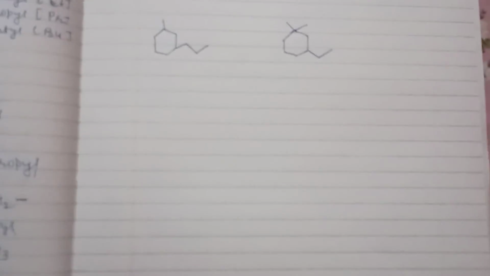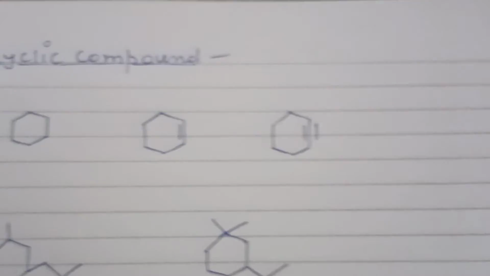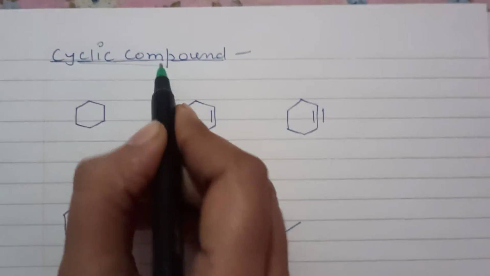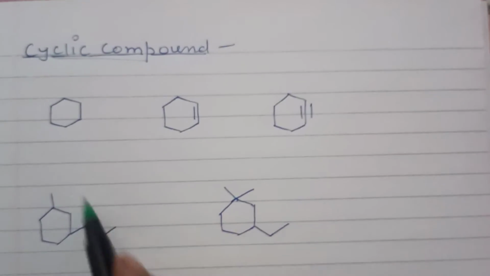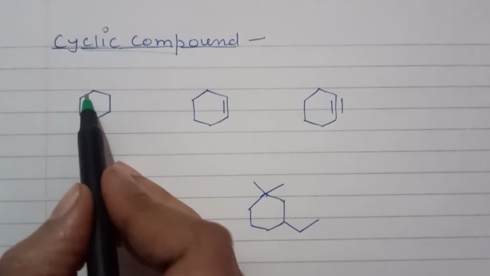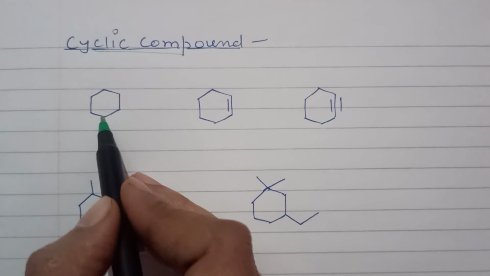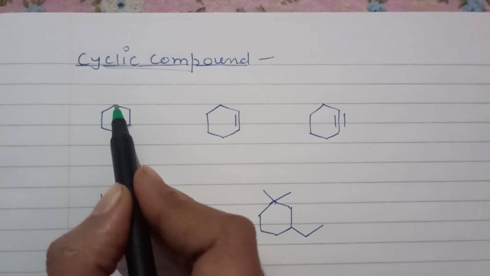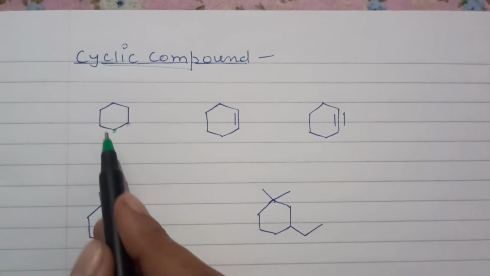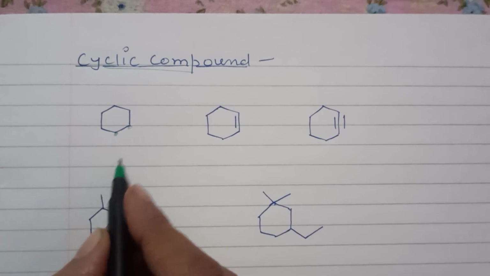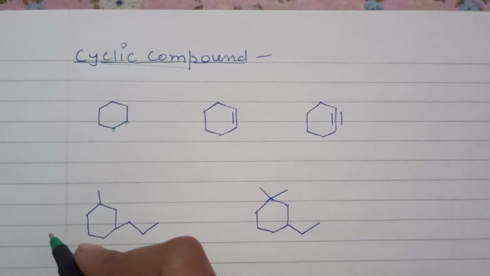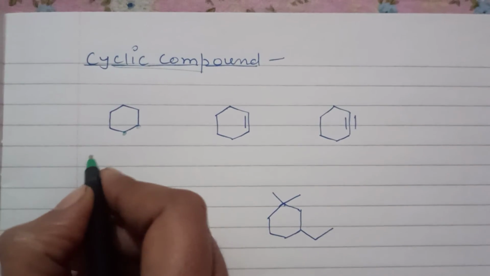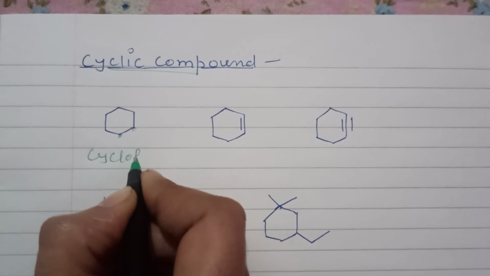Okay, and let us understand another rule. This rule is for cyclic compound. Cyclic compound, generally cyclic compound is given name like this one. Compound has how many carbon? 1, 2, 3, 4, 5, 6. So you will use prefix cyclo, 6 carbon, then hex, all single bond, ane, so cyclohexane.